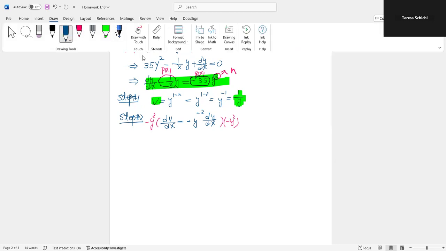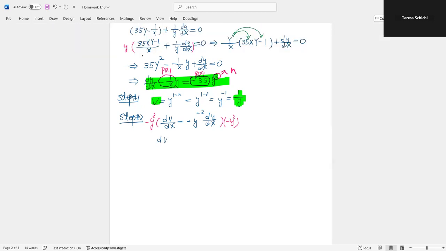All right, let's take a look. So this will be dv dx times negative y squared is equal to dy dx. So my dy dx is equal to negative y squared dv dx. What I need to do is substitute this dy dx into here. All right, so this is my step number 3. We always follow the same steps.